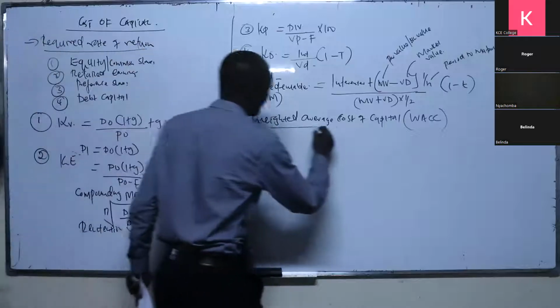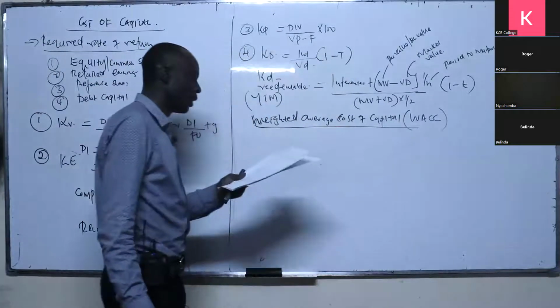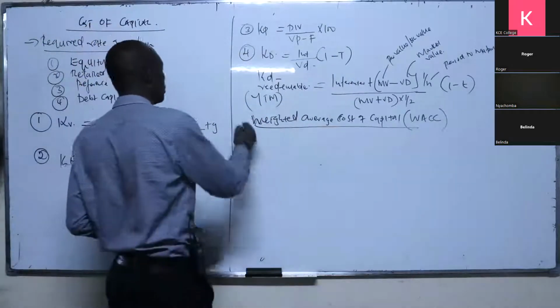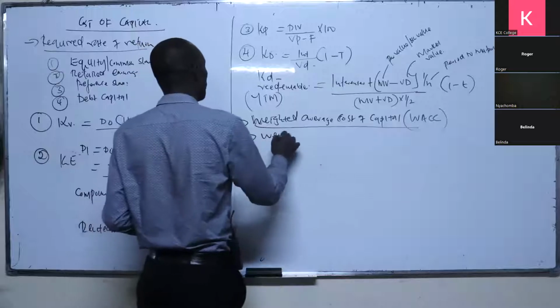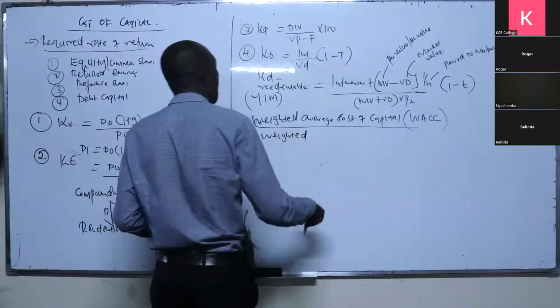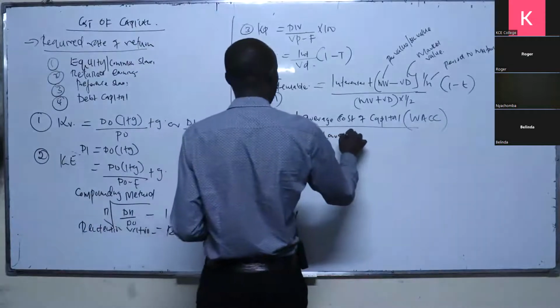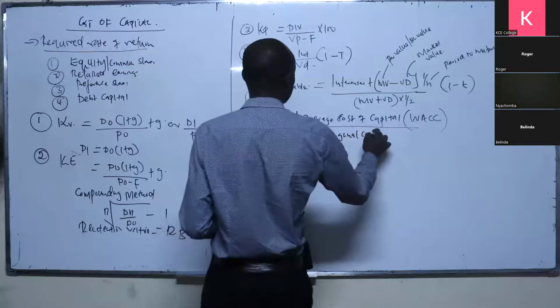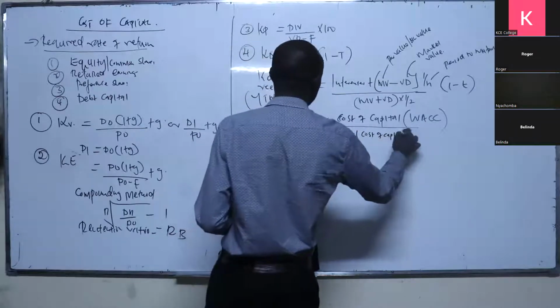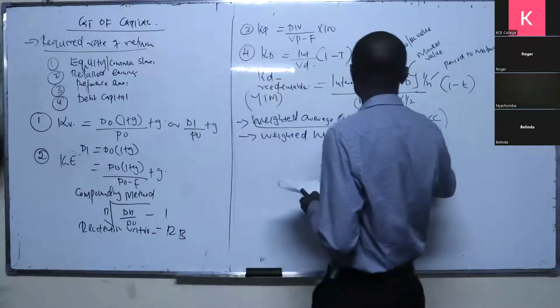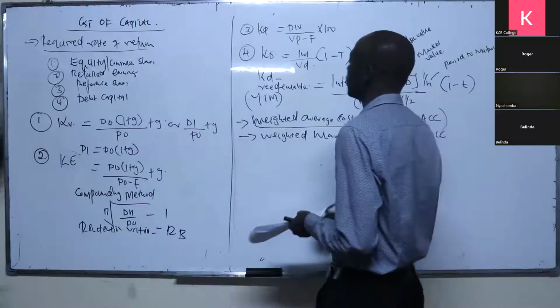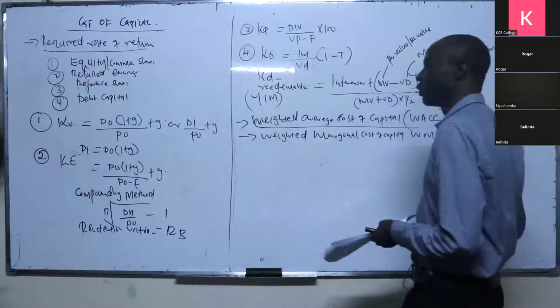So the question will either ask you this or the weighted marginal cost of capital, sometimes we call it WMCC. So that is the first aspect of this topic.